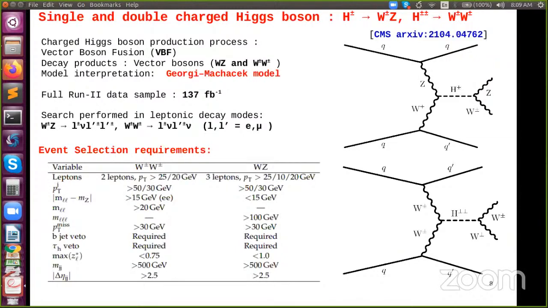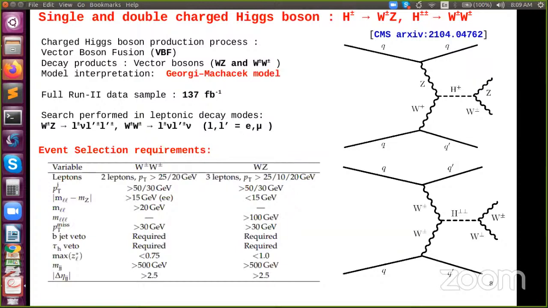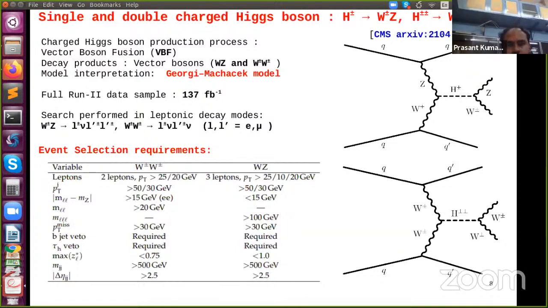This analysis has also been performed using the full Run-2 data of 137 inverse femtobarn. Since the final states involve leptons, the search is performed in leptonic decay modes, where we have neutrinos and leptons. In the offline event selection, we have WW and WZ.